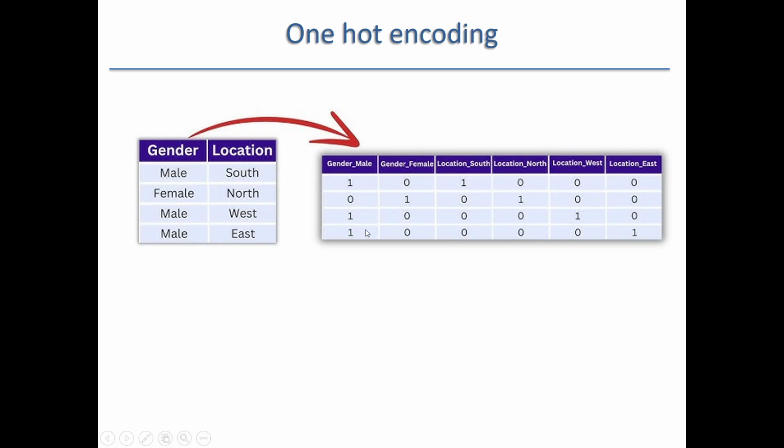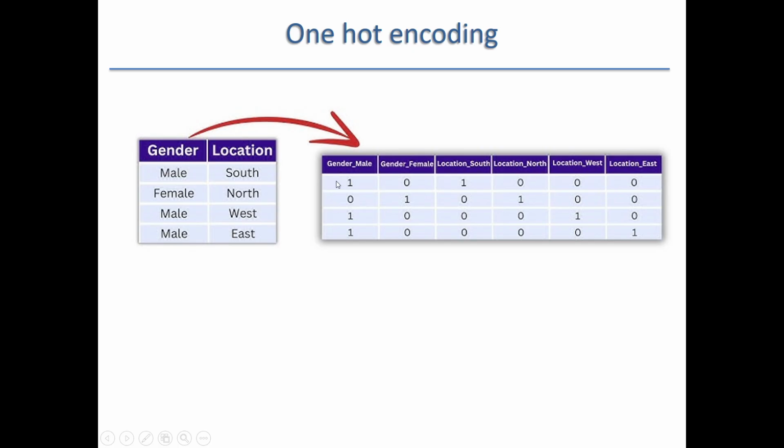For classification problems, we have to encode our data in some way that can be easily handled mathematically. Let's say that we have two variables like gender or location that take multiple labels. In one-hot encoding, we create new variables: gender male, gender female, location south, location north, and so on.